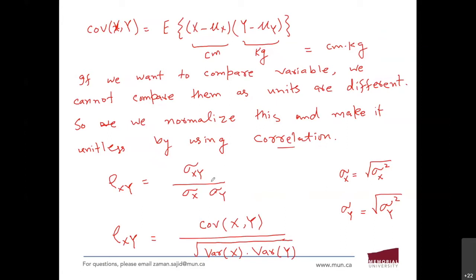Folks, I need to go on the next slide, please. Now, as I said, we are making it unitless by normalization. Your correlation value will be greater than or equal to -1 and less than or equal to 1 always.